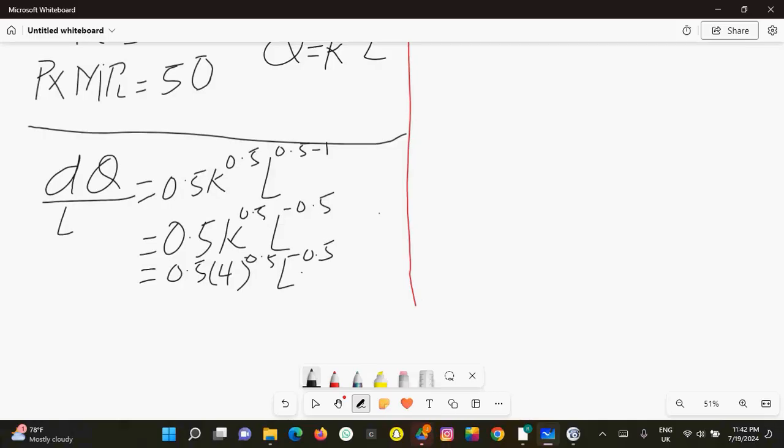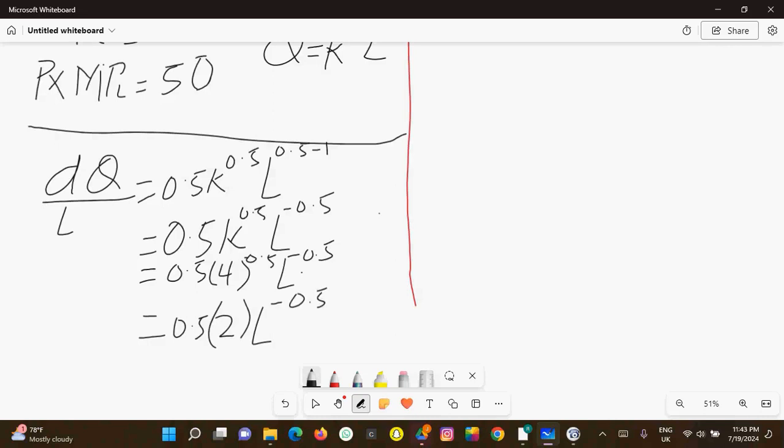Right. So what this basically means is that 4 raised to the power 0.5 is giving us 2, and 0.5 times 2 times L raised to the power negative 0.5.